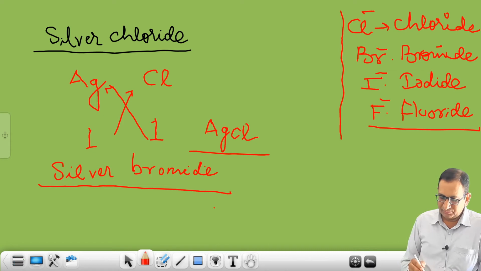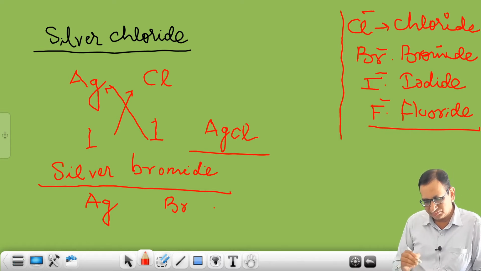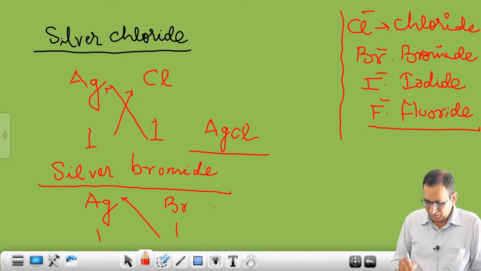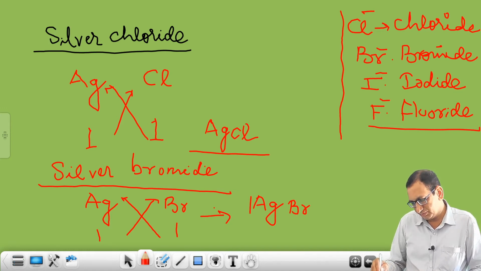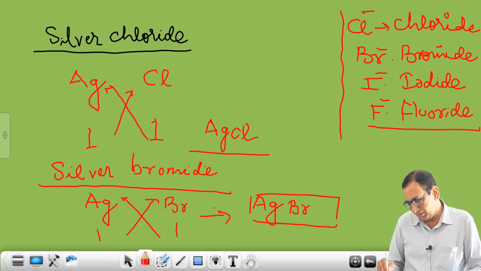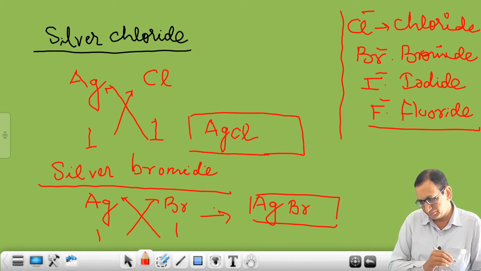Here silver we write with the symbol Ag, bromide with Br, valencies for both are 1 and 1, no doubt. After cross multiplication we have AgBr, meaning silver bromide.